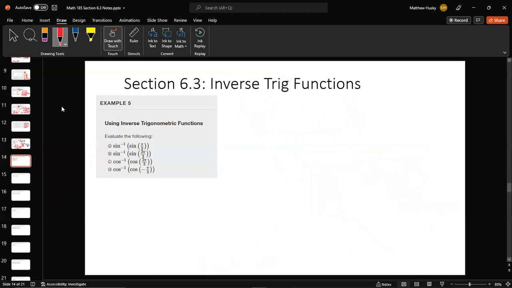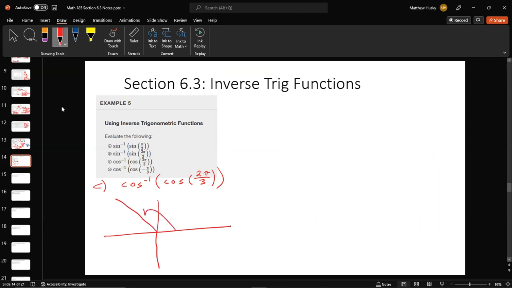All right, so let's look at part C here. Cosine inverse of cosine of 2 pi over 3. So what does that look like? 2 pi over 3 is going to be over here.